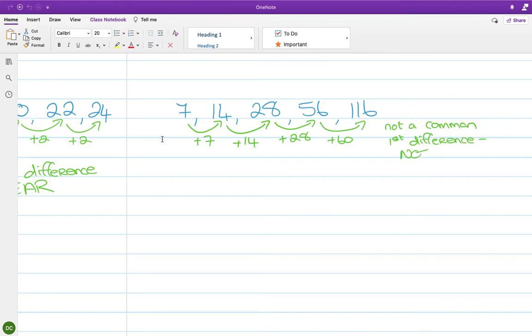So it's not linear. We look at the second difference. From 7 to 14 is 7. From 14 to 28 is 14. And from 28 to 60 is plus 32. So that does not have a common second difference either.